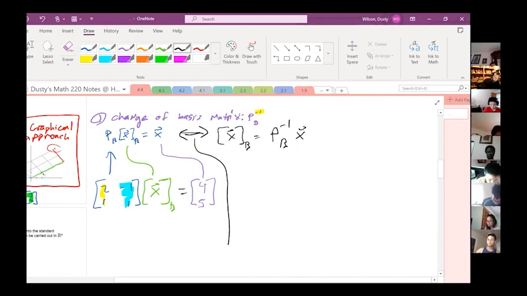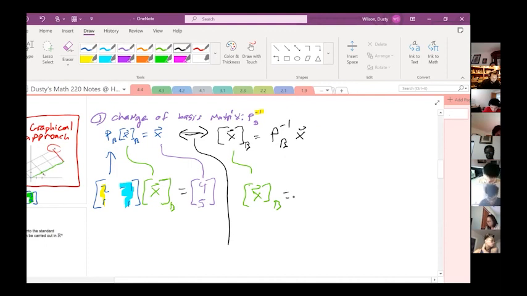So we're saying that XB is equal to PB inverse. So we need the inverse of this matrix.